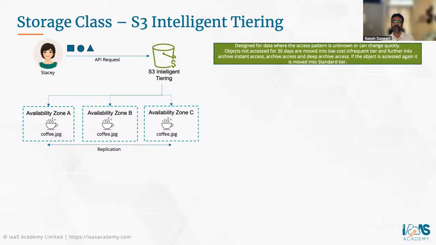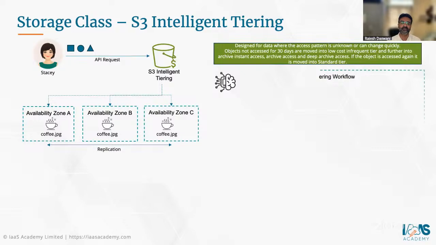Objects placed into the Intelligent-Tiering storage class are monitored, and using machine learning, AWS will decide and manage your objects across sets of classes. One is the frequent access class and one is the infrequent access class. There's even an archive instant access class as well.